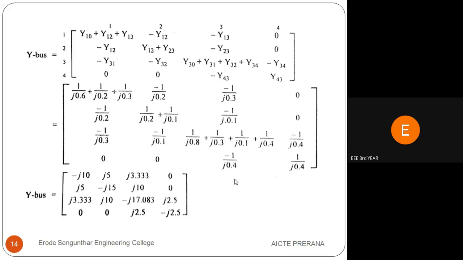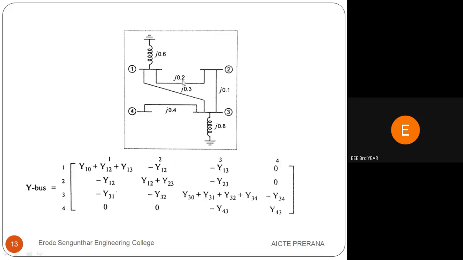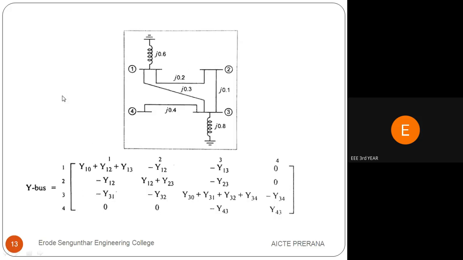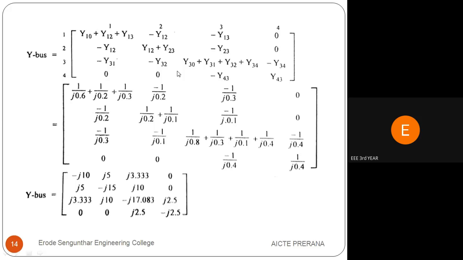That's it. In Y10, the value is J 0.6, so I take 1 by J 0.6 plus, what is the value of Y12? The value of Y12 is J 0.4. Just go through the diagram. So the value is 1 by J 0.2. And then think about Y13.